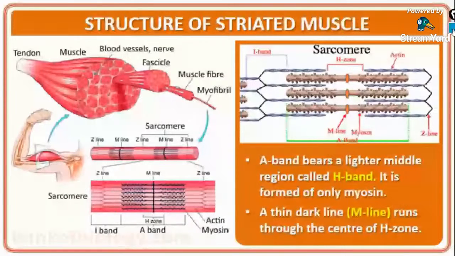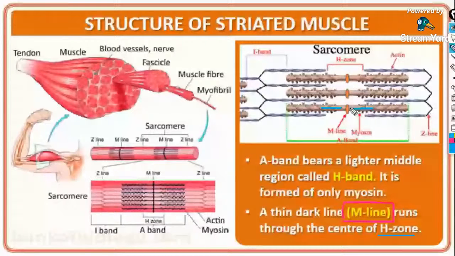So that is over. Next one, a thin dark line called the M line runs through the center of the H zone. The myosin filaments lie in the A band and are held together in the middle by a thin fibrous membrane called the M line. So this myosin and this myosin are held together by this particular M line.